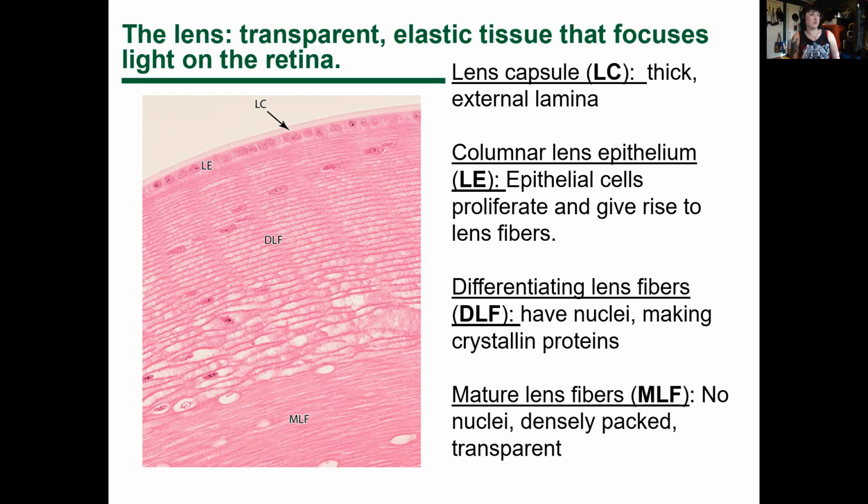There's been some really interesting analysis of crystalline protein structure in the lenses of, for example, deeper level pelagic animals, so like shark eye lenses and whatnot. And so different animals actually have different amounts of lens clarity and lens refractive power, which is cool.